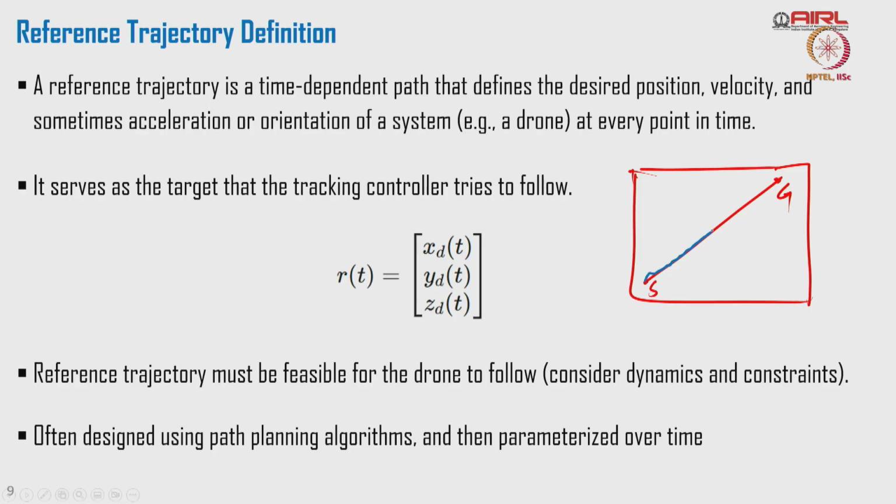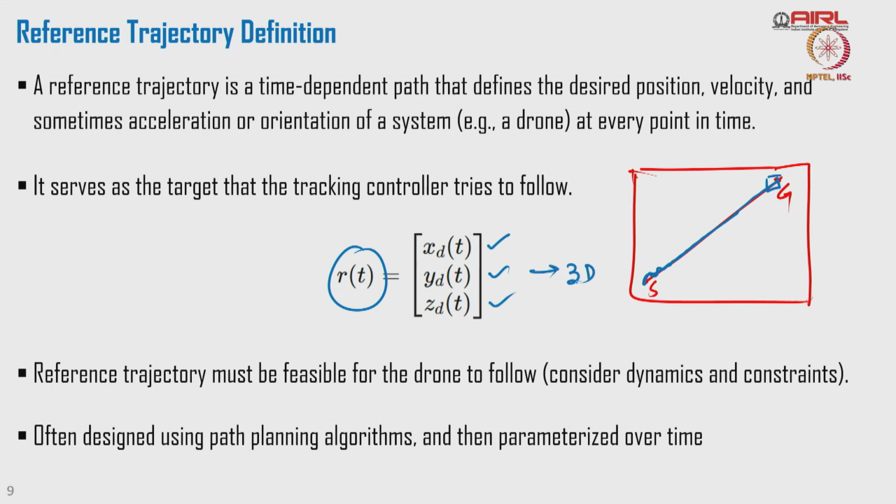If in the initial phase it oscillates a little bit, that should be handled by the controller, so that finally the steady state error becomes 0 and the drone follows this particular path nicely. Okay. So, the tracking controller should follow one reference trajectory RT, which will be given in terms of x, y and z in 3D space.